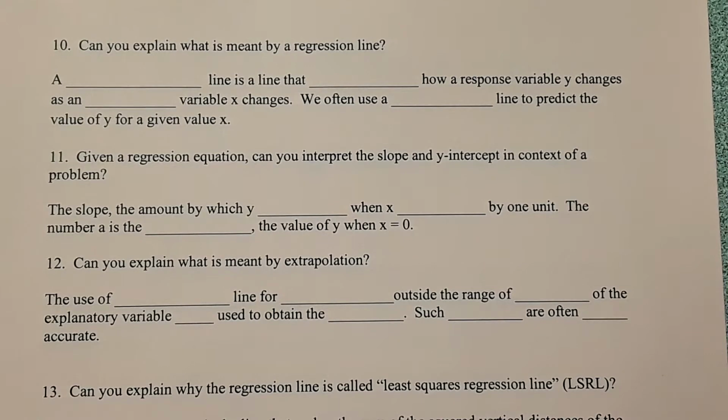So the other day we talked about correlation, and that correlation makes no distinction between the response variable and the explanatory variable. So today we're going to talk about regression lines.